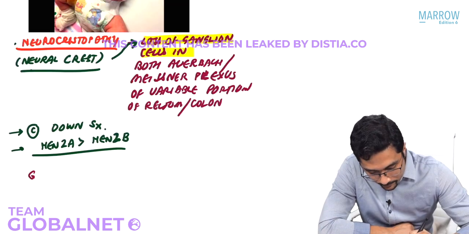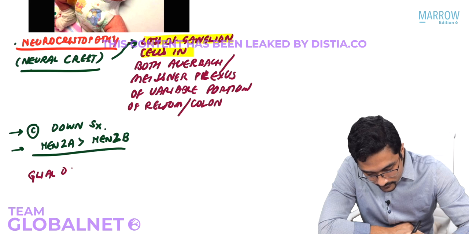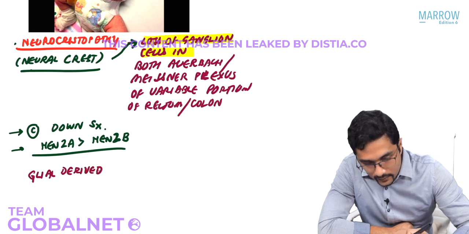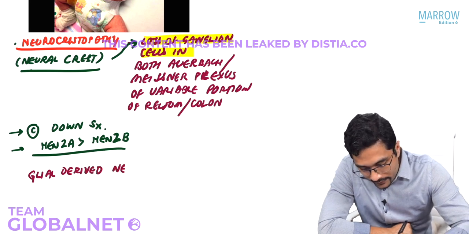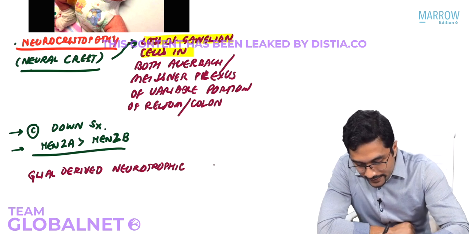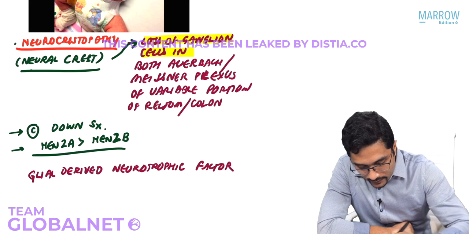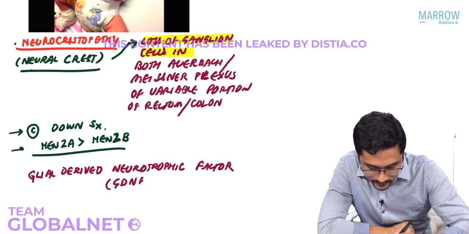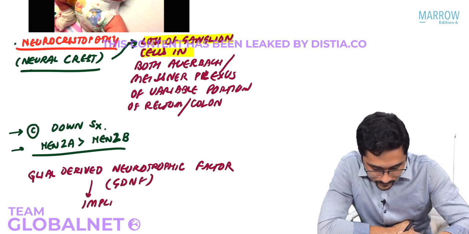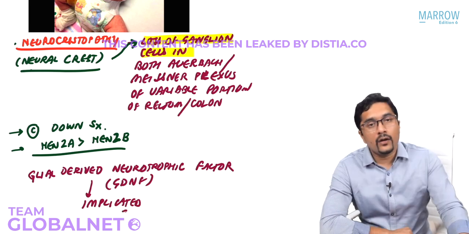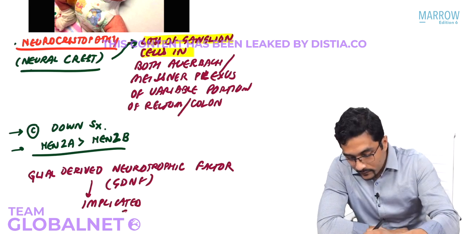Another thing which is implicated is the glial-derived neurotrophic factor, GDNF, in patients with Hirschsprung's disease.